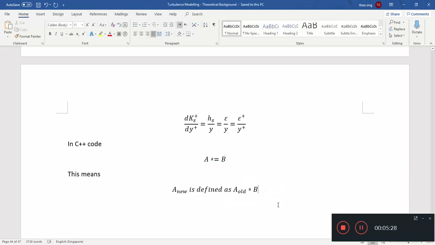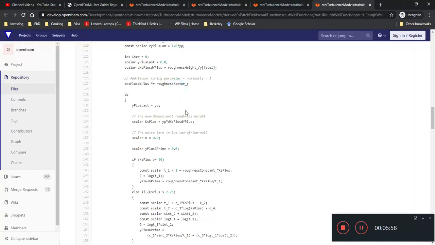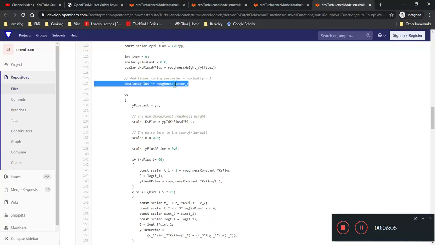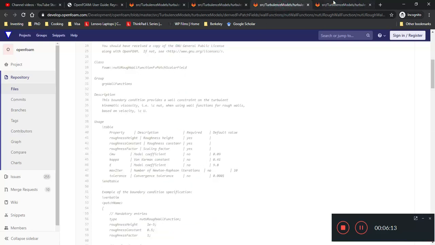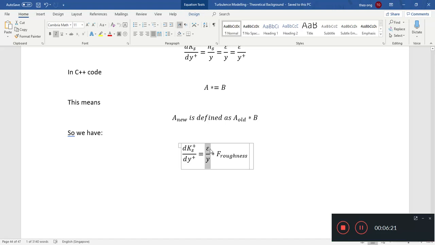So what this is saying is that dks plus dy plus equals hs divided by y, where we use epsilon because that's what we often see in the Moody chart, times some constant, the roughness factor, which I'll write as f roughness. The roughness factor just gives you the freedom to add a constant in front of this epsilon over y, the roughness height over y.